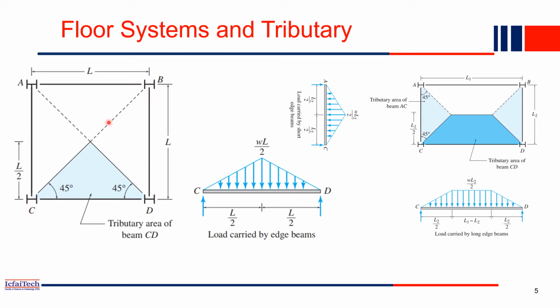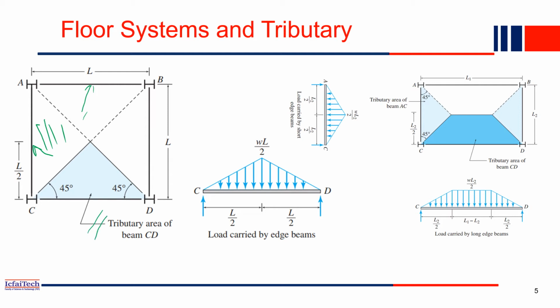If it is a square slab, then you just make two diagonal lines, and whatever load is there from this portion will transfer to this beam. This portion of load will transfer to this beam, and then it will continue. So this portion of load will transfer to this, and this area load will transfer to this. That is a typical load path for a slab.